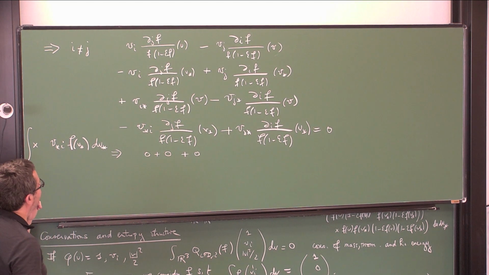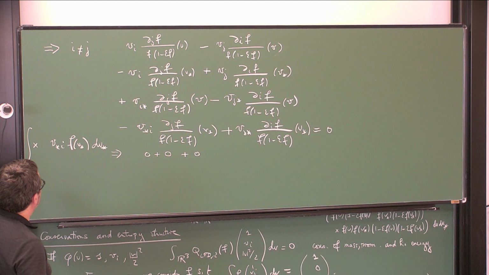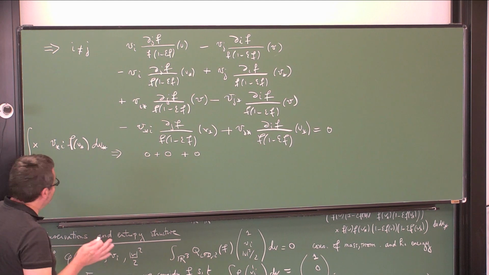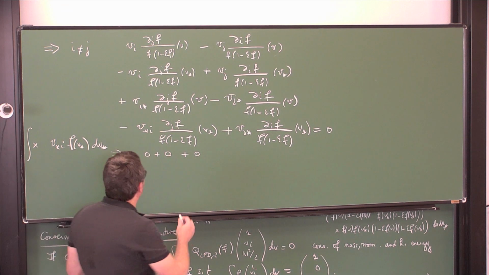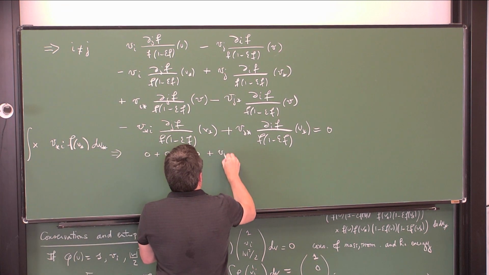Then you look at the next one. So next one will give you something which is not 0. So let me write it. So it's this one.